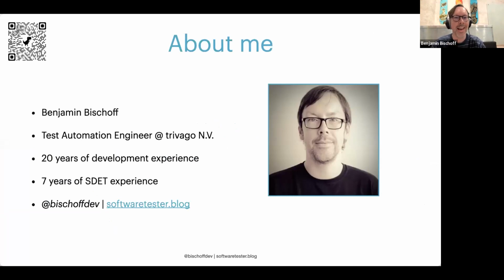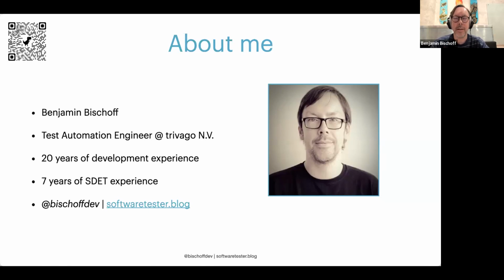I was introduced just now, but I want to say some more words about myself. As you heard, I'm a test automation engineer at Trivago. I've been here for 5 years, roundabout.